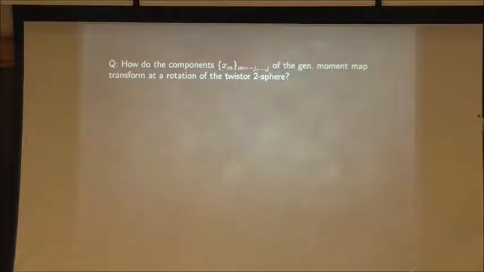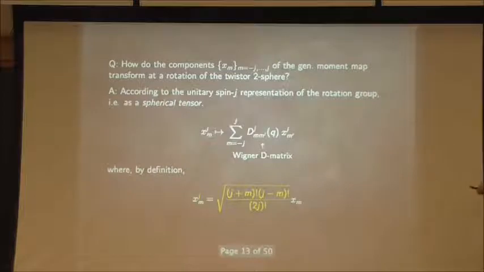Now there's a question that a physics audience can always figure out the answer to quickly. The question is, how do these components transform when I rotate the twistor sphere? The components of the moment map, with m from minus j to j. It's very easy, right? It's according to the unitary spin-j representation of the rotation group. So that is given by a Wigner D matrix. This q is the quaternion which encodes the rotation.